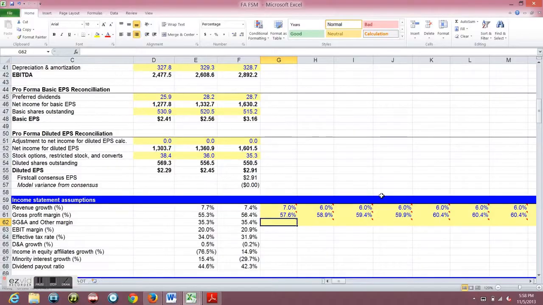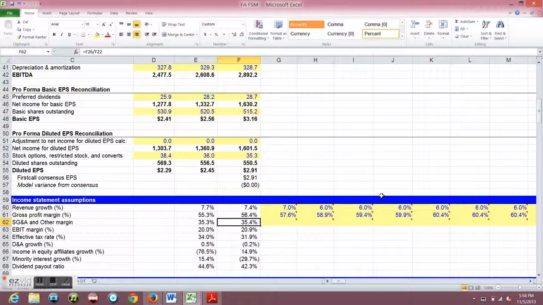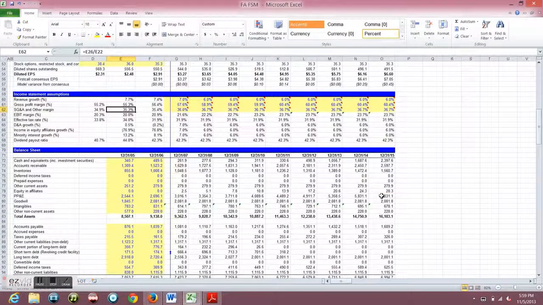For example, over here, this particular year, we're going to go back and say, okay, a proportion of this is other, and we're going to add that into our SG&A margin, right? But I don't want you guys to do that much work because I already have it over here.